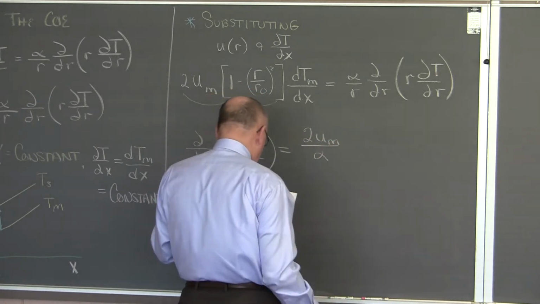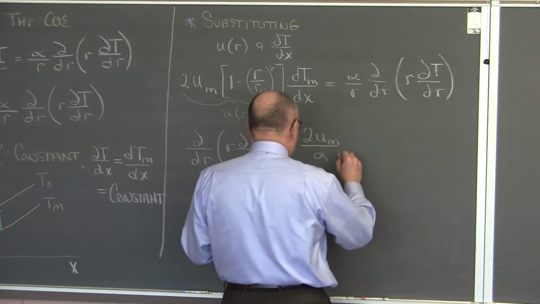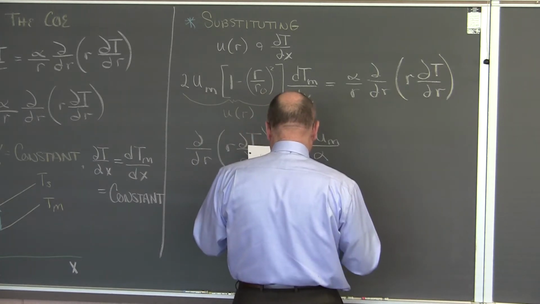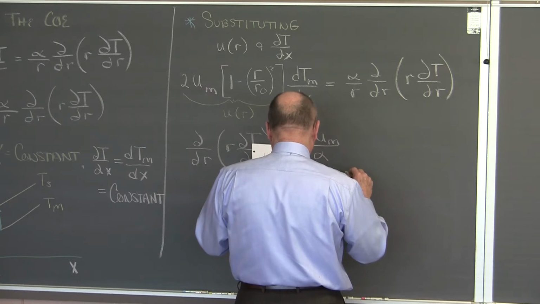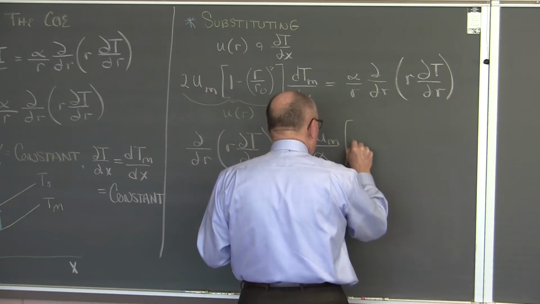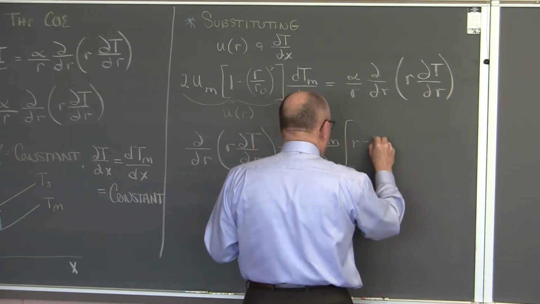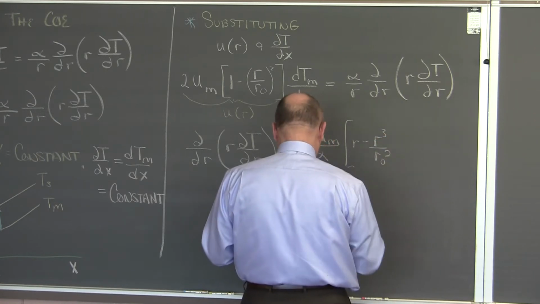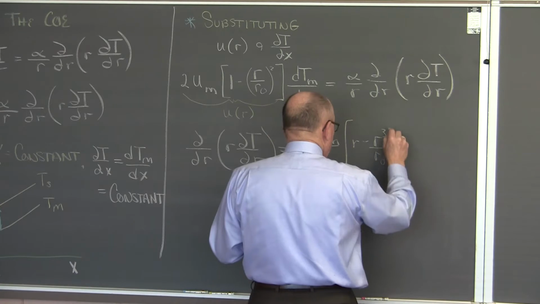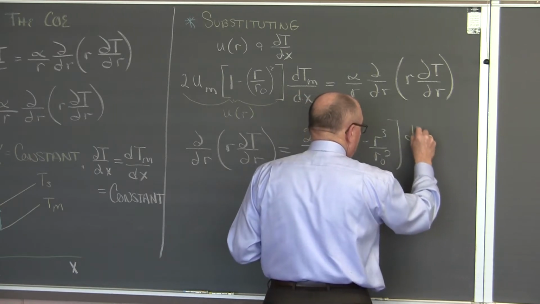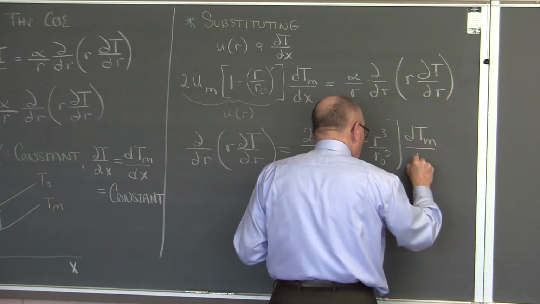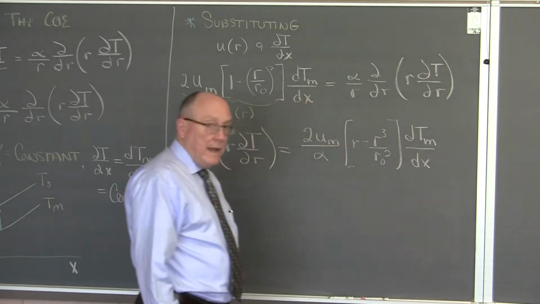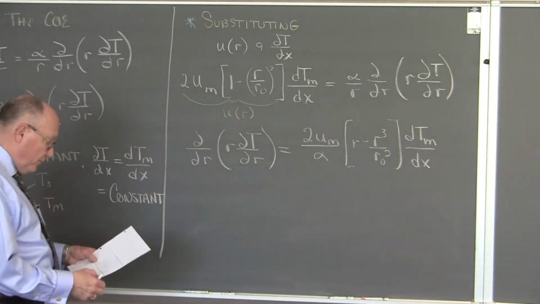And now we're going to divide through by r, and that's going to be r minus r cubed over r sub 0 squared times the change of the mean temperature with respect to x, which again, I'll remind you is a constant.